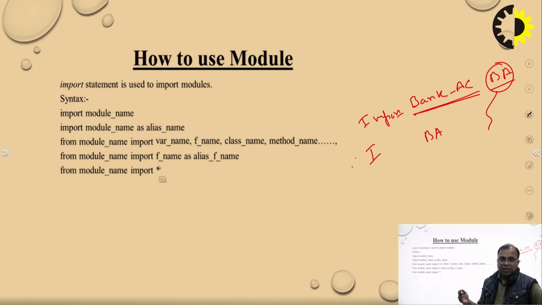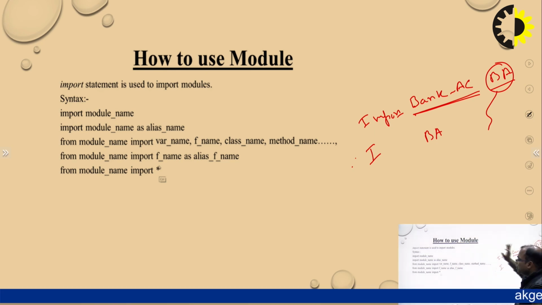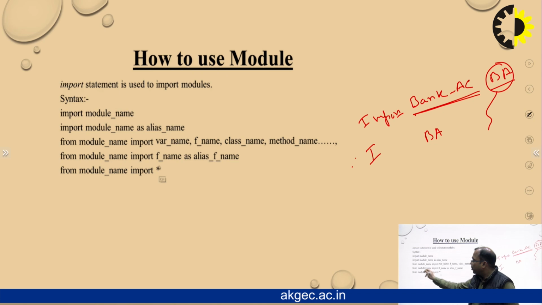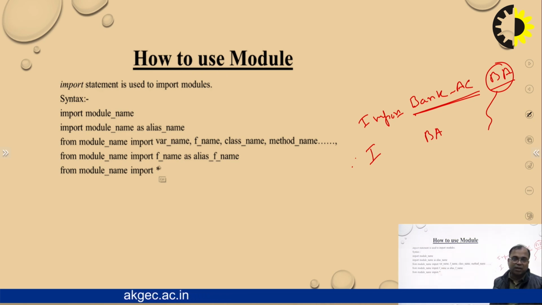If we want a whole package, the whole module imported in a file, meaning all functionality of this bank account module, we can import all functionality with the star. Star means the whole functions inside this module are accessed in your program. You can use any number of files, folders, anything in a program. Clear?